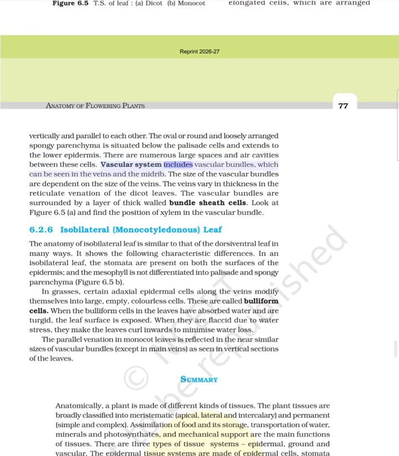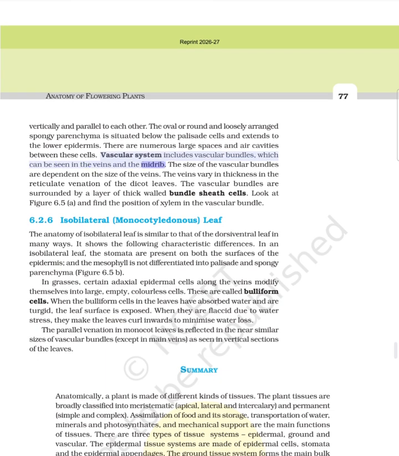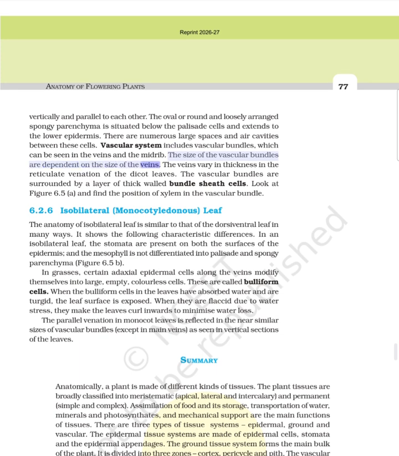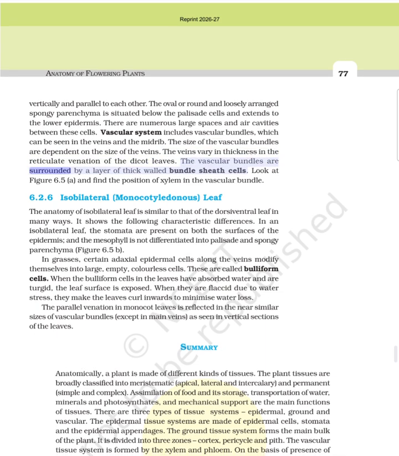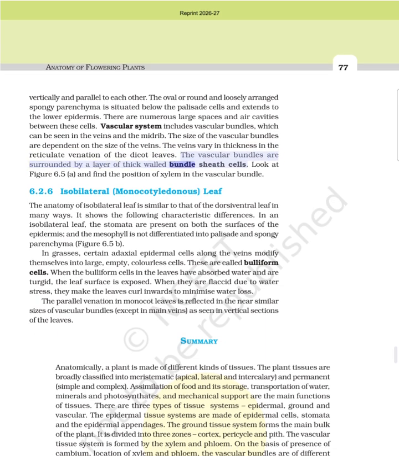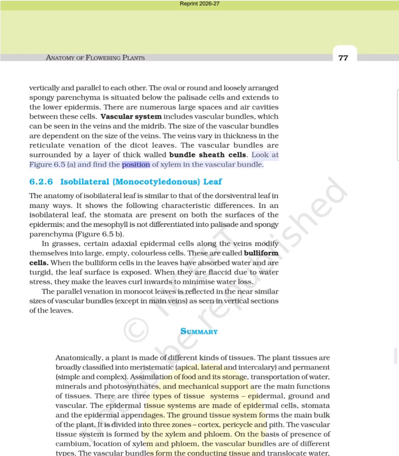Vascular system includes vascular bundles, which can be seen in the veins and the midrib. The size of the vascular bundles is dependent on the size of the veins. The veins vary in thickness in the reticulate venation of the dicot leaves. The vascular bundles are surrounded by a layer of thick-walled bundle sheath cells. Look at figure 6.5 and find the position of xylem in the vascular bundle.